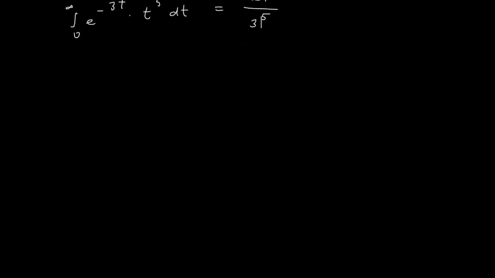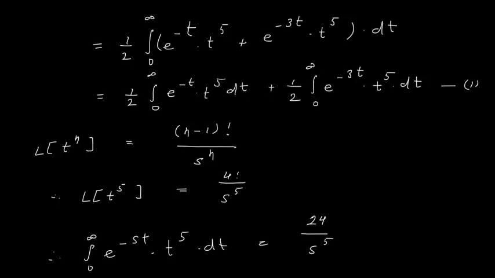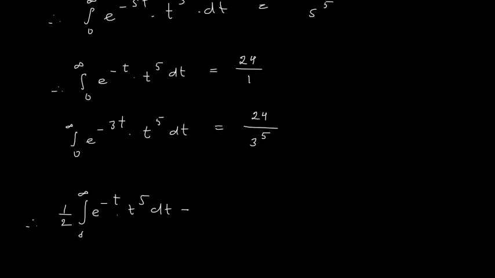So finally, 1 by 2 integration 0 to infinity e power minus t into t power 5 dt, then we have plus sign, plus 1 by 2 integration of 0 to infinity e power minus 3t into t power 5 dt.